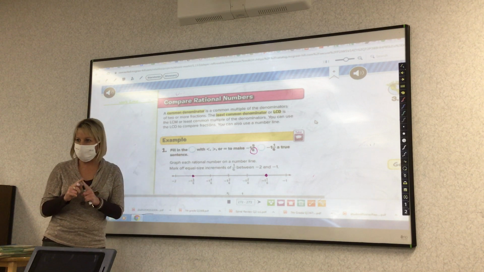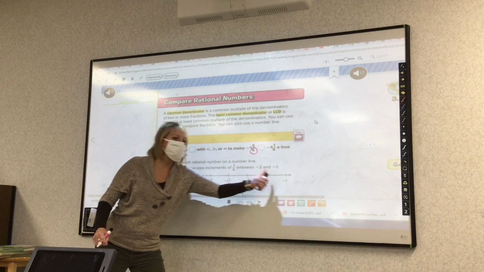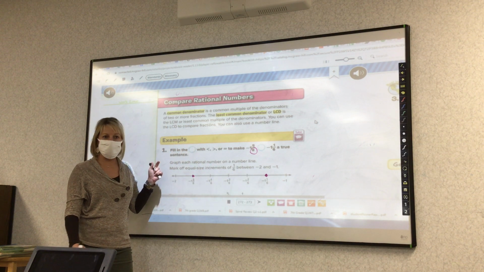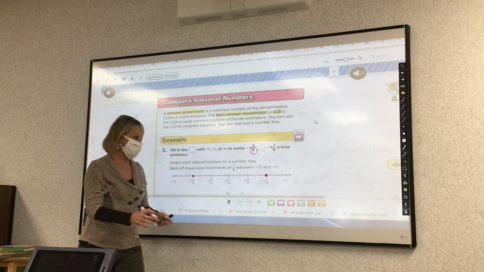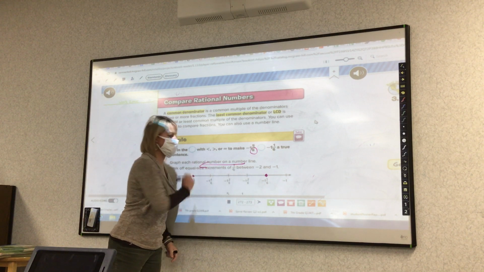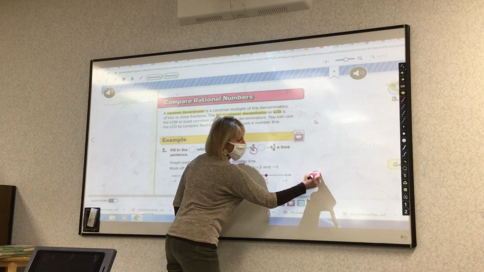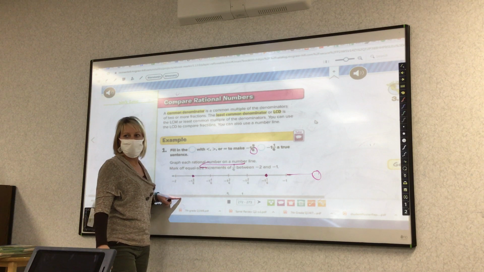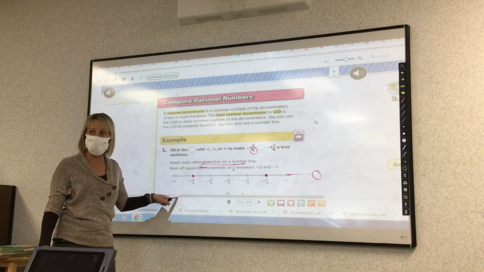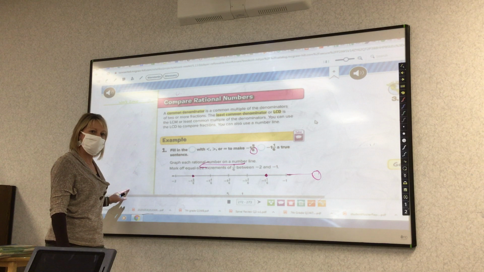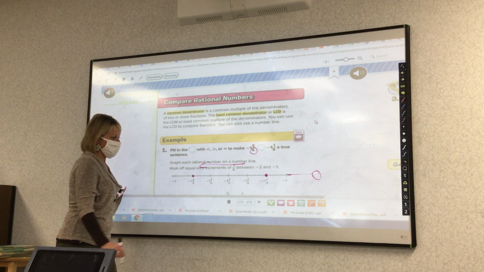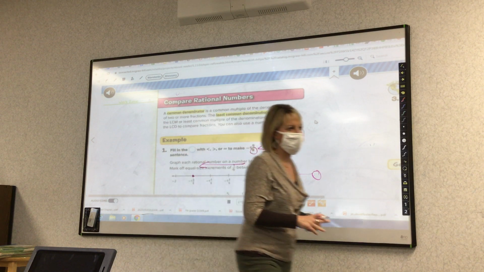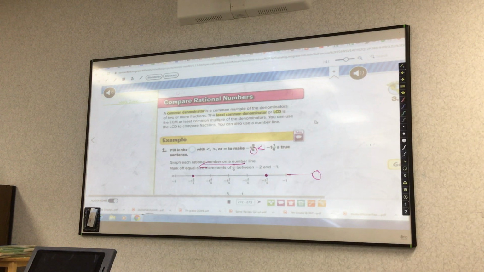You're dealing with negative numbers. The further away from 0, does it get bigger or does it get smaller? It gets smaller when I go to the left. Anytime I'm going to the left, because my 0 is all the way over here, I'm getting further away from 0, so it's going to get smaller and smaller. Yep. So negative 1 and 5/6 is less than negative 1 and 1/6.